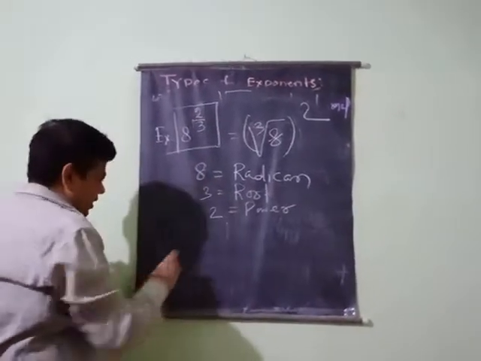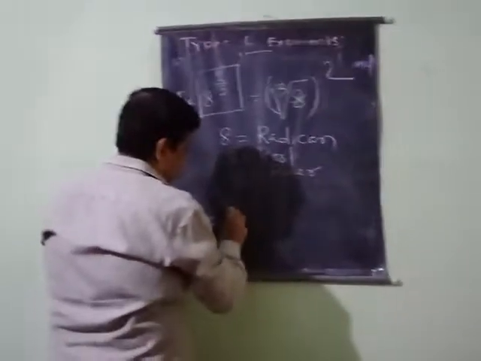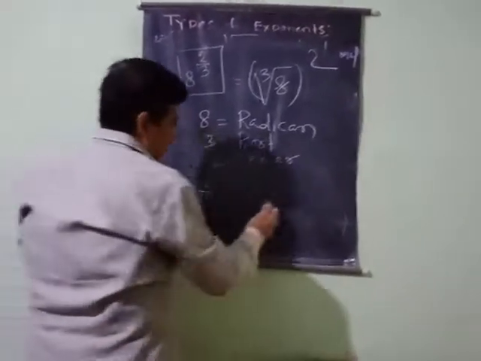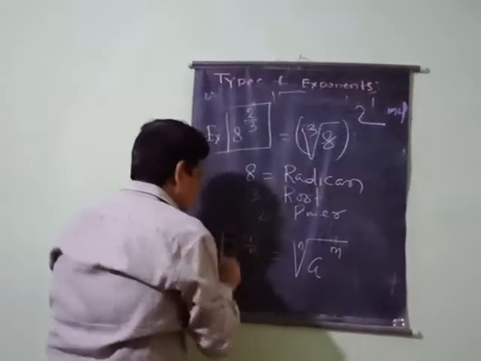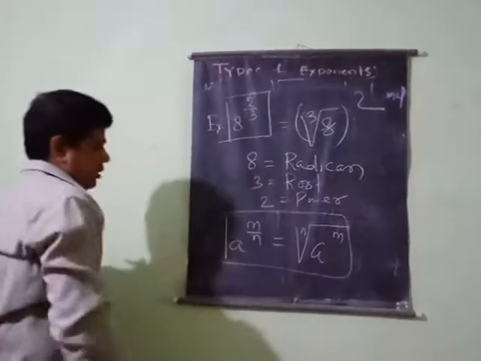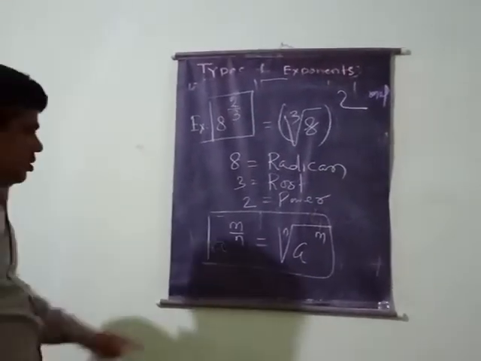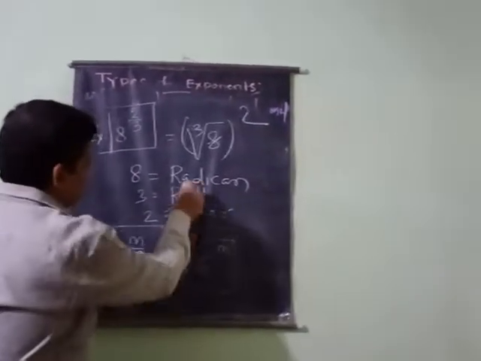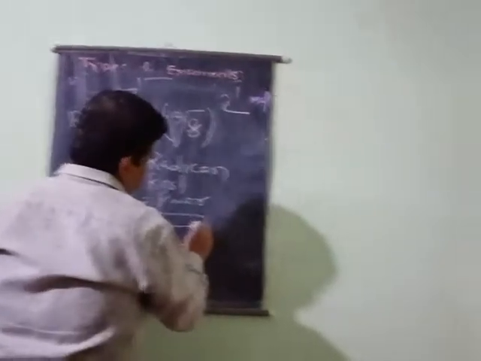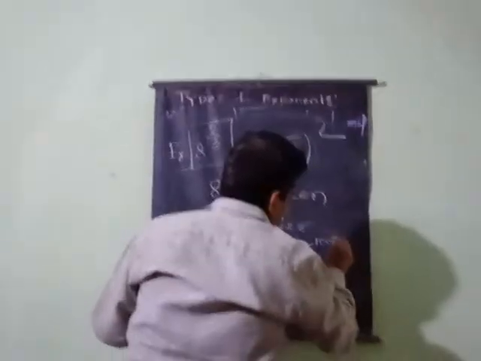So you can write 8 to the power m by n as the nth root of 8, whole to the power m. This is another notation, with the help of the radical symbol. This is called the radical symbol.